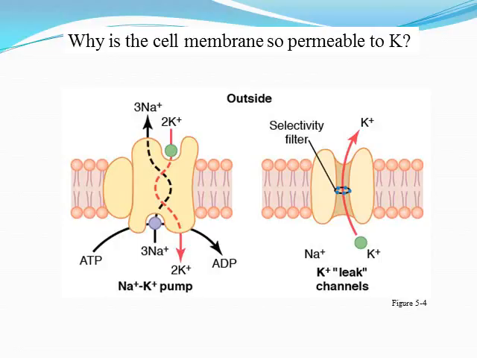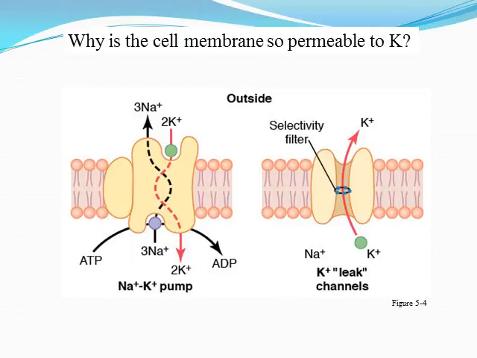So potassium leak channels are probably the most obvious way that potassium is able to move from the cell. This allows the potassium to literally leak out, and these are open all the time, specific to potassium. They don't close, they don't need anything to open, they're simply always open.